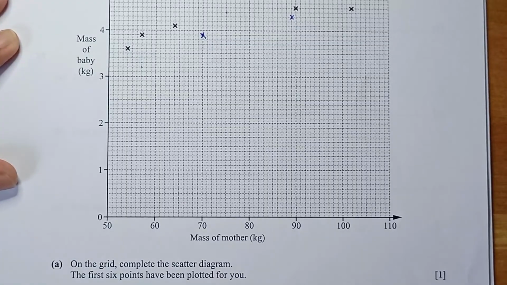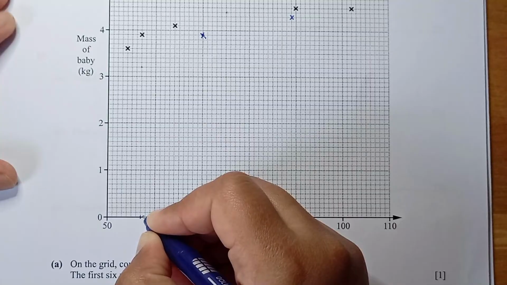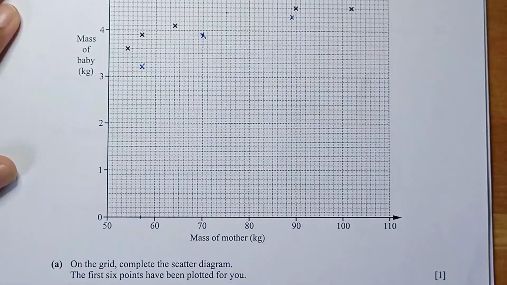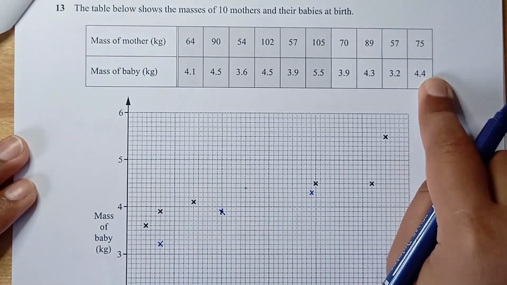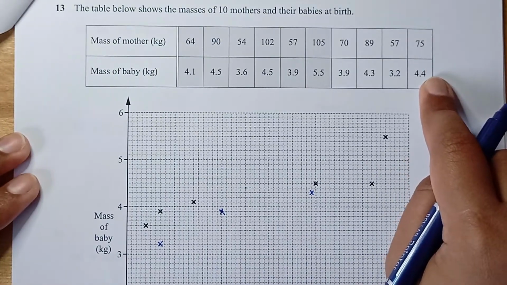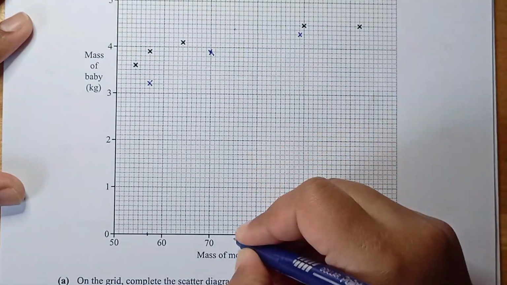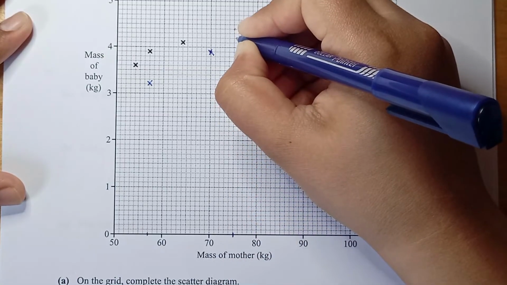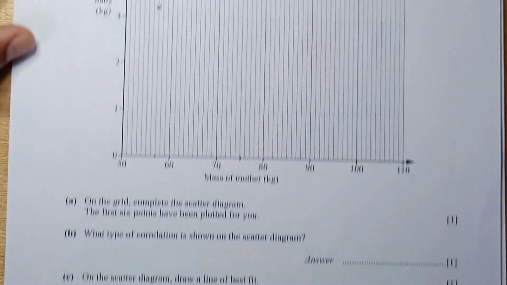So 55, 56, 57 and 3.2. And the last, when the mass of a mother is 75 kilograms, the mass of a baby is 4.4. 75 and 4.4. So 75 is over here and we have 4, 4.1, 4.2, 4.3 and 4.4. Okay, so we have done the A part.